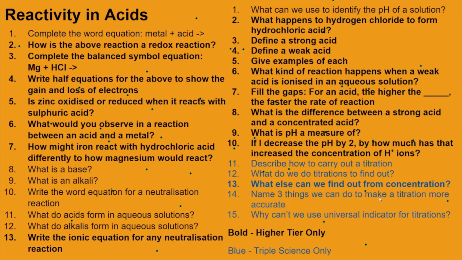So, three things we can do to make a titration more accurate. Again, repeating it a few times, getting the same value over and over again, and then calculating a mean, ignoring values that are far out, such as our first value when we've only found a rough estimate. Also reading from the bottom of the meniscus, as I talked about, avoiding those parallax errors.